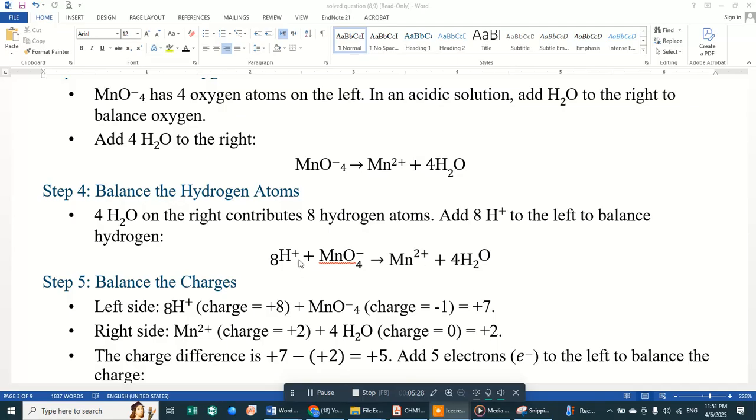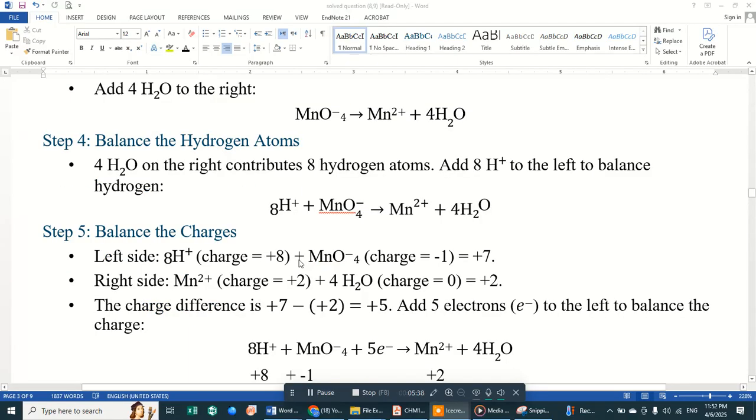Now, at the last we should balance the charges on both sides.